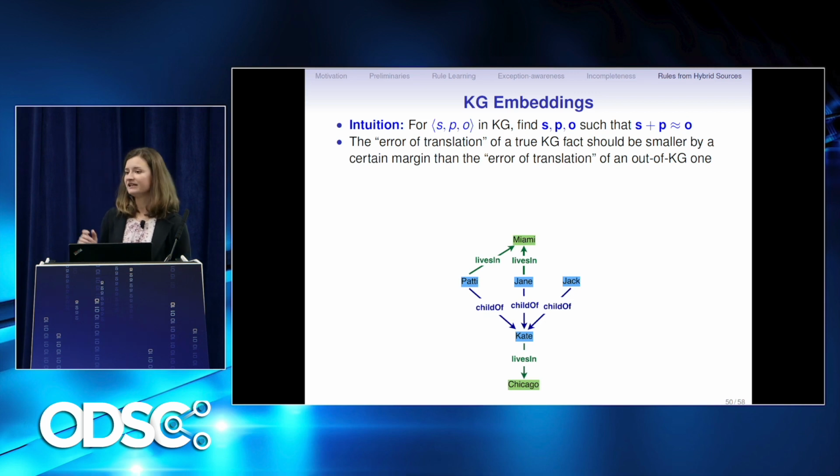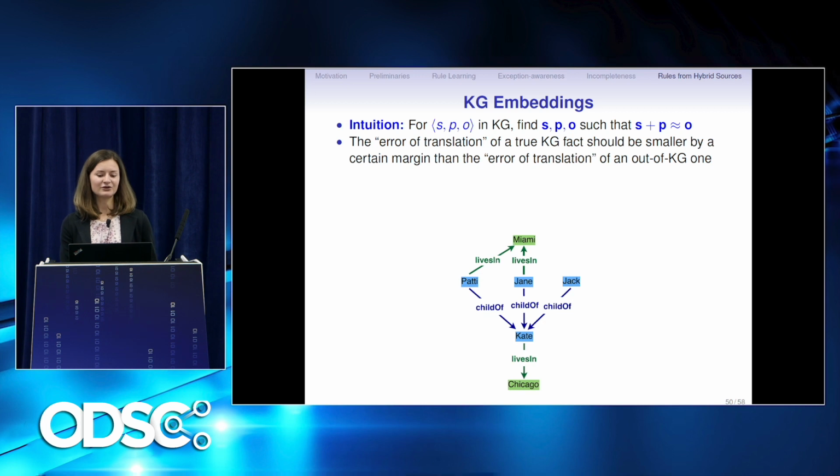So intuitively, if we are given a knowledge graph as depicted on the slide, what we are aiming at is finding vector representations of every node and every relation in a low-dimensional vector space, such that for every node, it holds that the vector for this node plus the vector for a relation is roughly close to the endpoint to which this node is connected by the relation. Or if we talk about subject, predicates, and objects, this would be the formula exactly as presented on the slide.